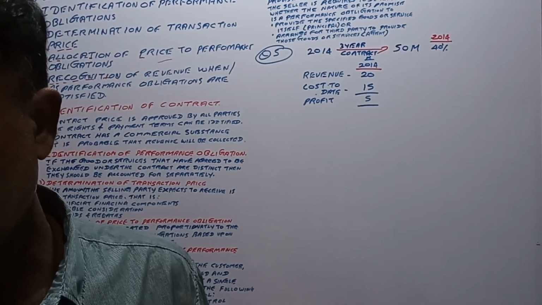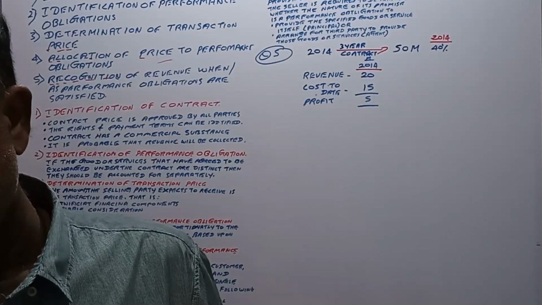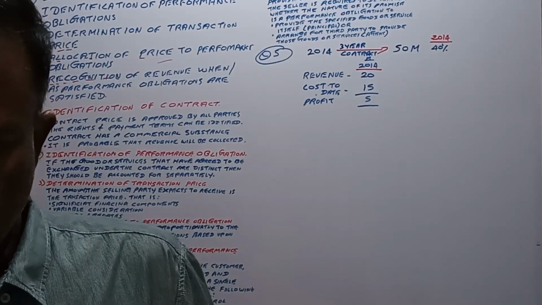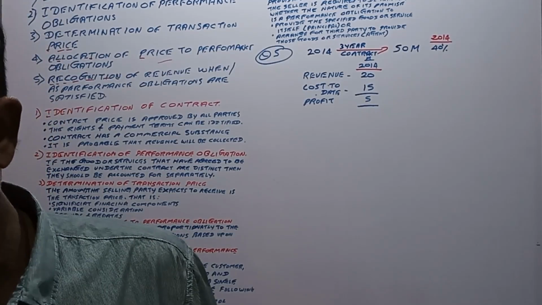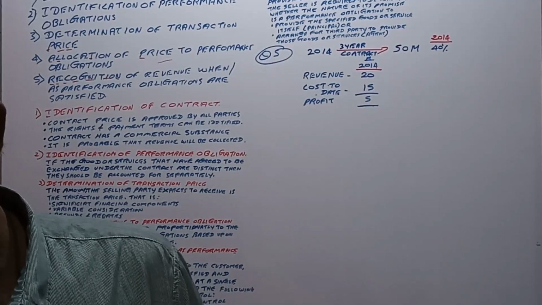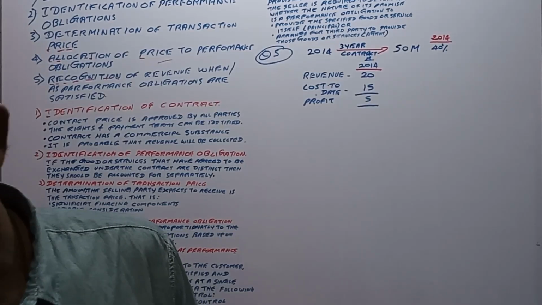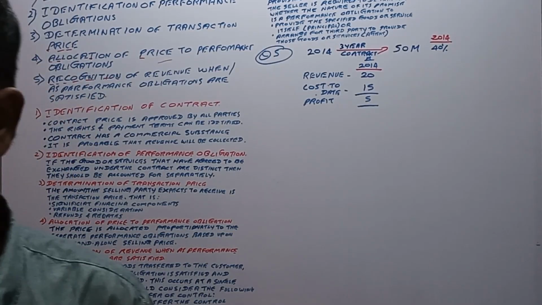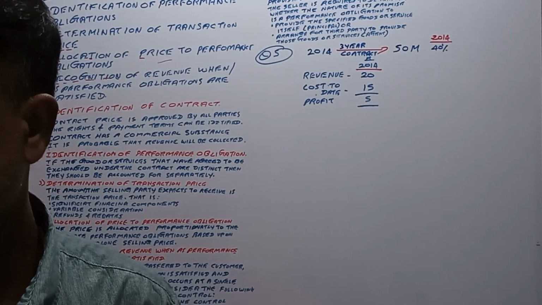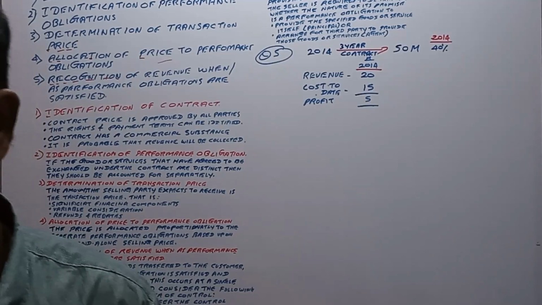Second one, example number 6. Umesh commenced a 3-year building contract during the year ended 31st December 2014 at a contract price of 50 million.